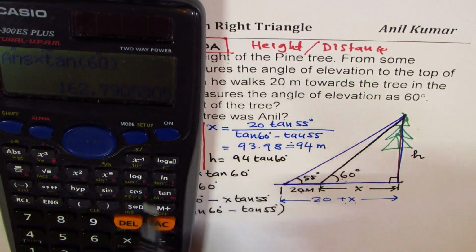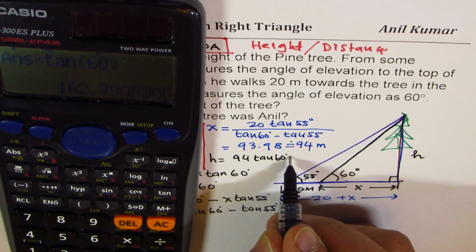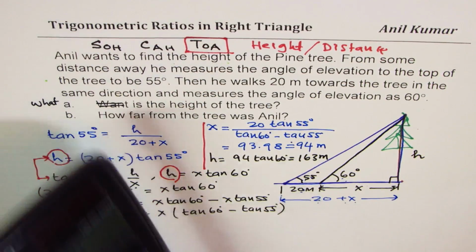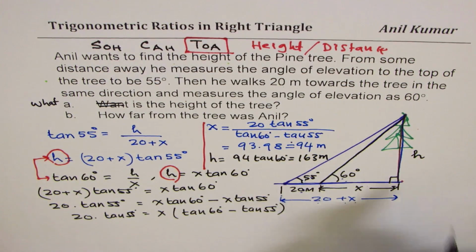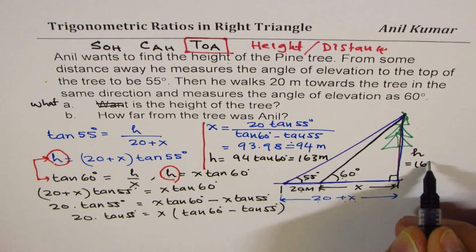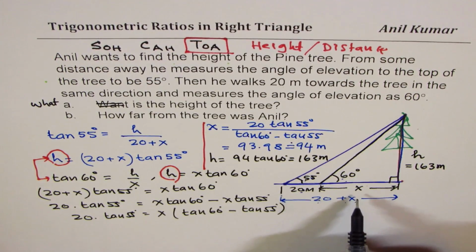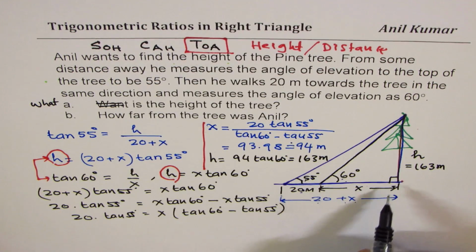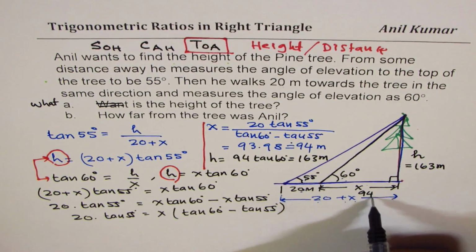We have 162.79, so I'm writing this as 163 meters. Is it okay? So that is how we can actually solve. So we get height of 163 meters and we found x, the closest distance, as 94 meters, right?